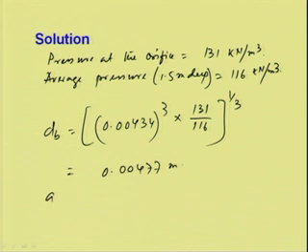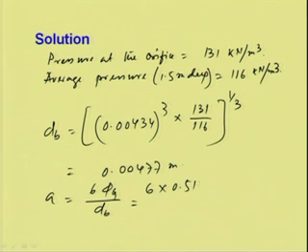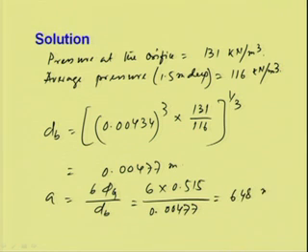So, a will be the specific interfacial area, 6 phi g by dB, which is equal to 6 into 0.515 divided by 0.00477, which is 648 meter square per meter cube.